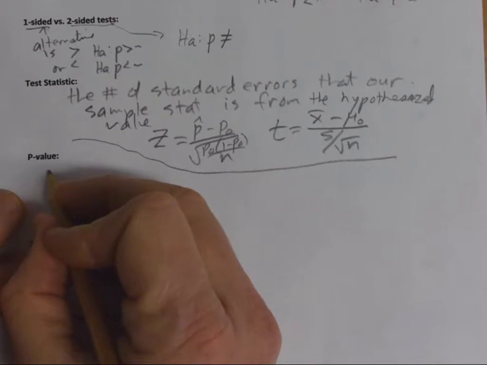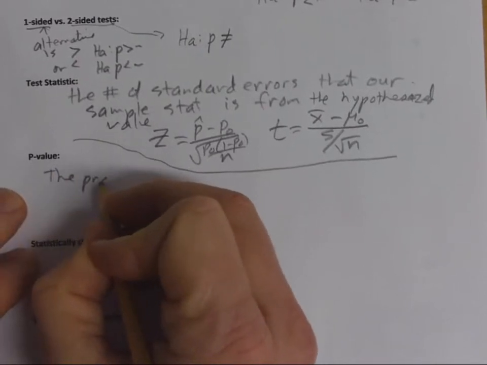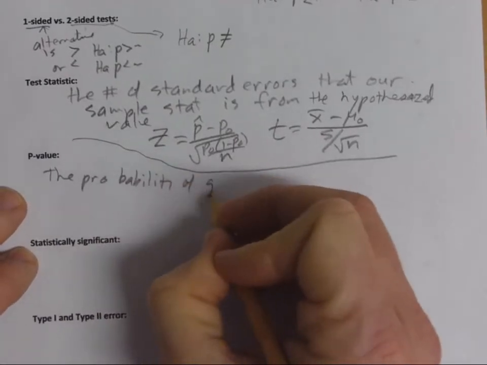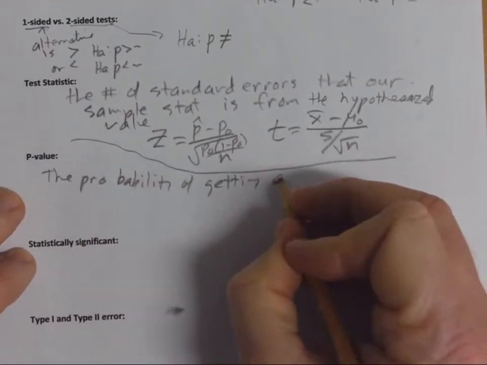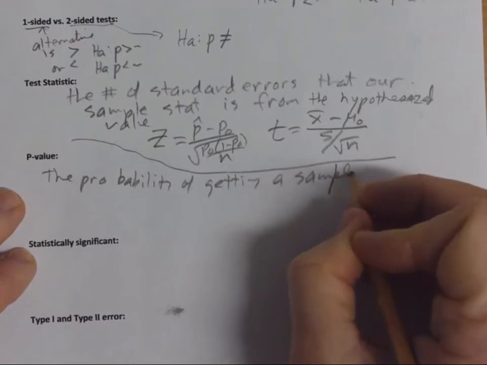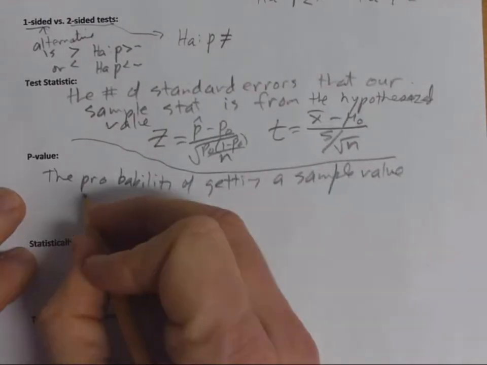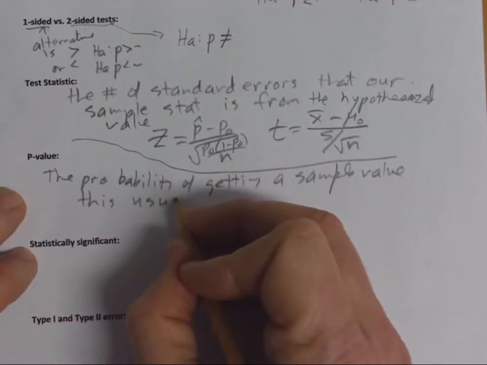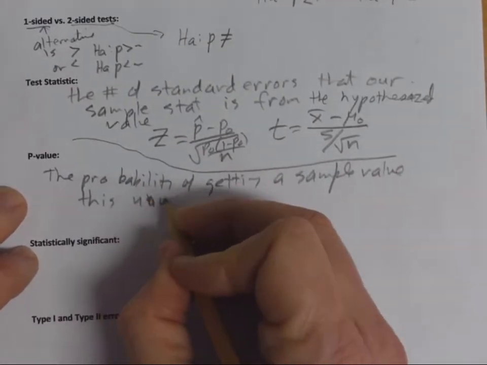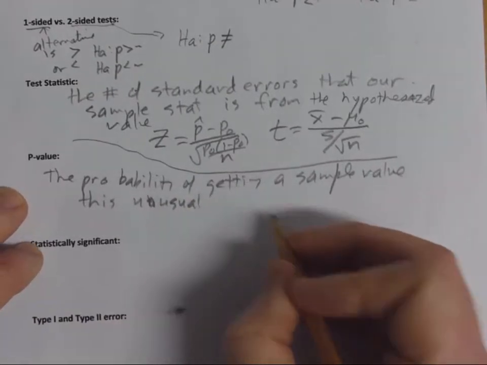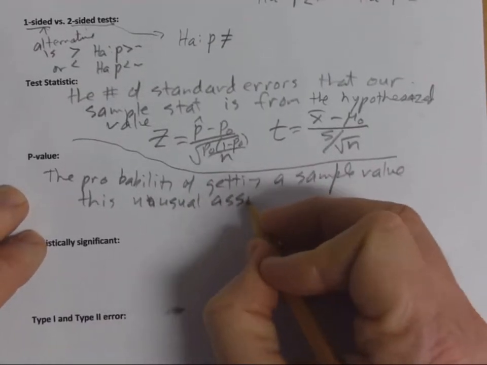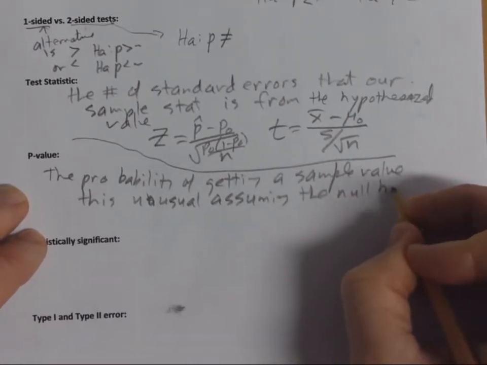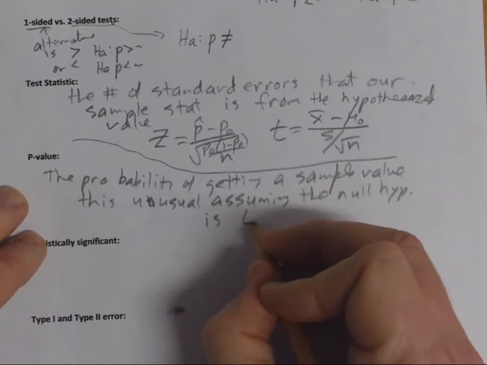The p-value is the probability of getting a sample value this unusual, assuming the null hypothesis is true.